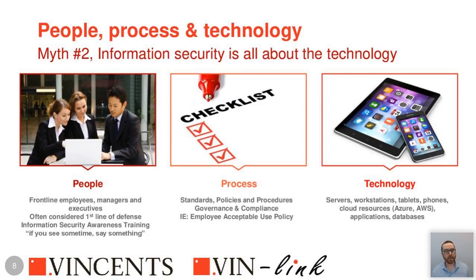An example of this would be an employee acceptable use policy. With these, an acceptable use policy would say you can use our technology in your corporation for business use only, limited personal use.